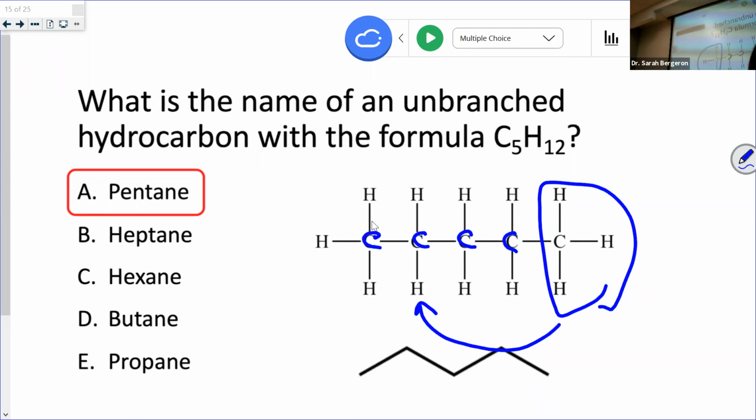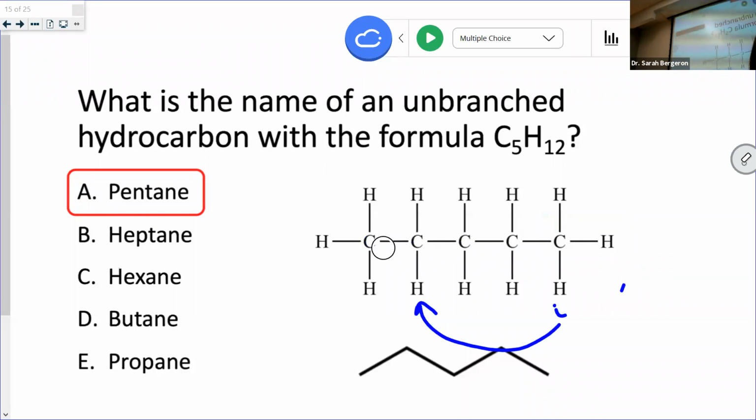No, it would be a different name. So it's very important that you know that. So that would be pentane. You can see it in the Lewis structure or in the skeletal structure. Either way, it's pentane.